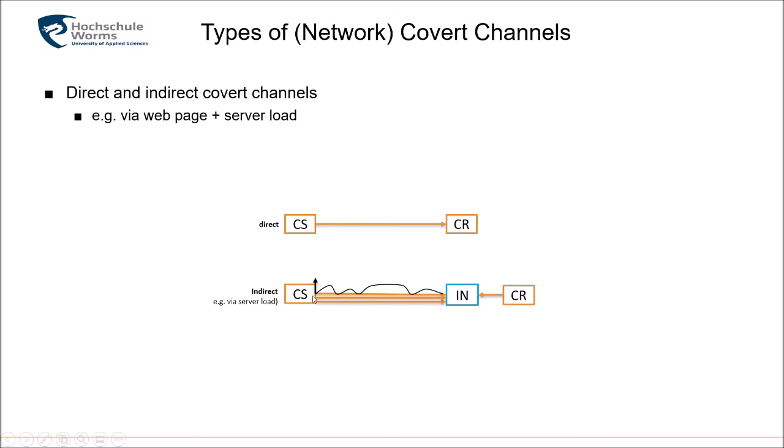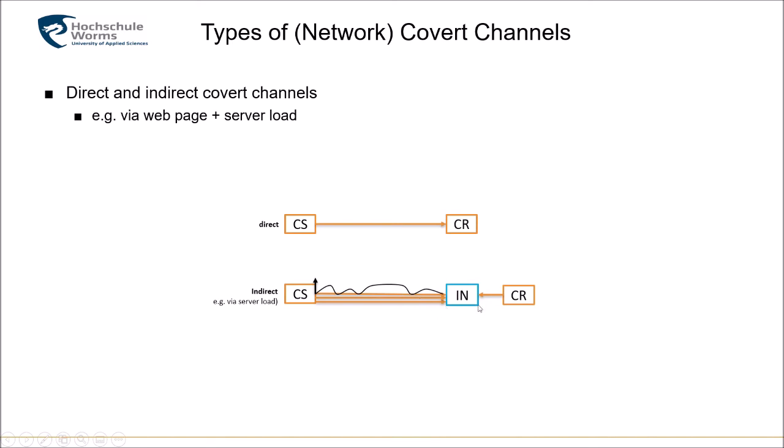For instance, let us assume the intermediate node is a web server, and the covert sender sends lots of traffic to the web server or none. So over time it sends a lot, then little, and then a lot of traffic for some longer time. And let's say that this is a signal that can be understood as 1010111101 or something like that.